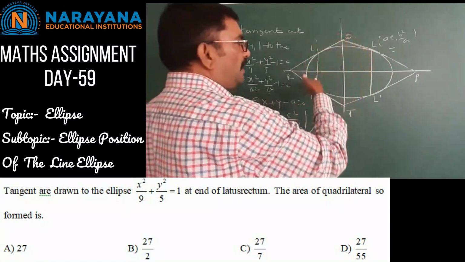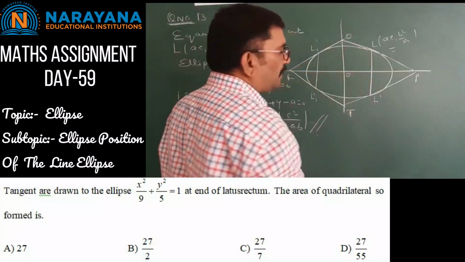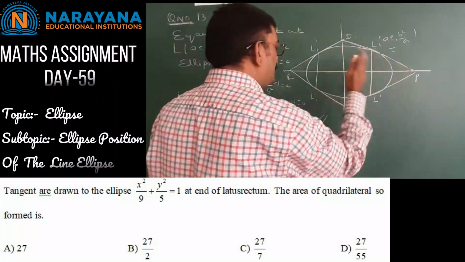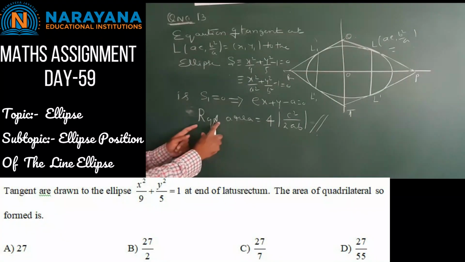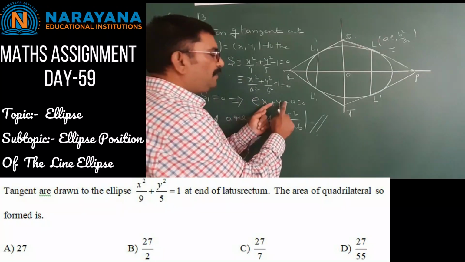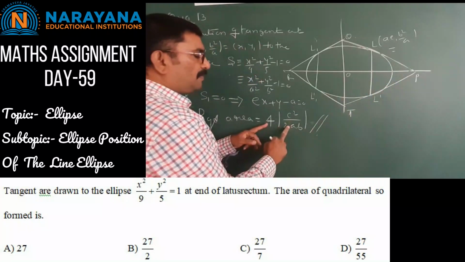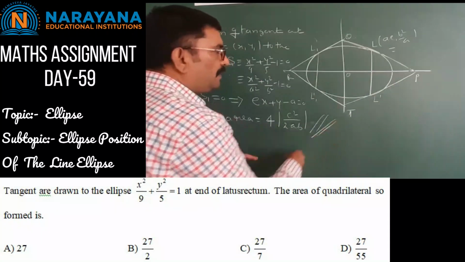Now the total area is 4 times the area of this triangle OPQ. So the required area is the area of the triangle formed by ax plus by plus c with the coordinate axes, which is nothing but c square by 2ab. That gives the required answer.